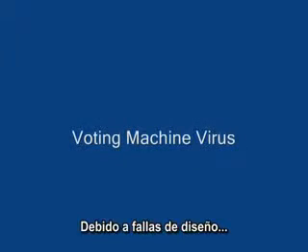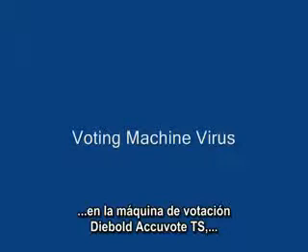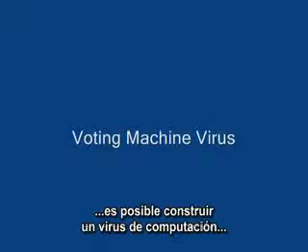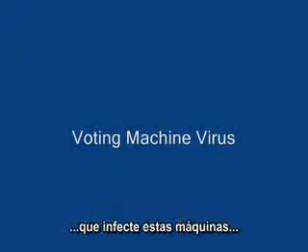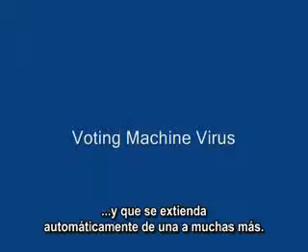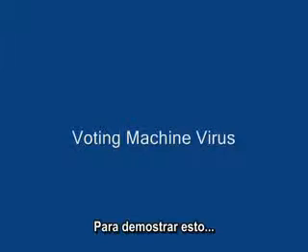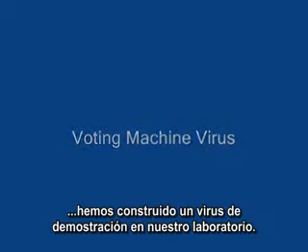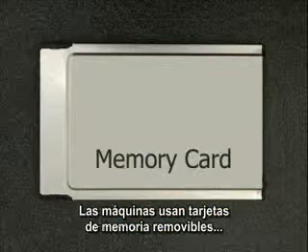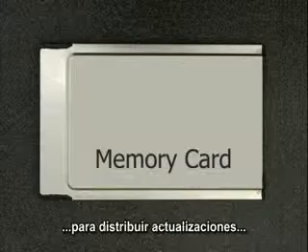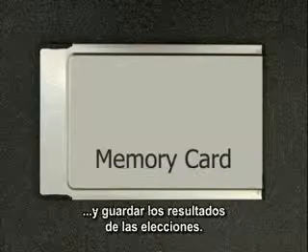Due to design flaws in the Diebold AccuVote TS voting machine, it is possible to construct a computer virus that infects these machines and spreads automatically from one machine to many others. To illustrate this, we have constructed a demonstration virus in our lab. The machines use removable memory cards to distribute software updates and store the results of elections.